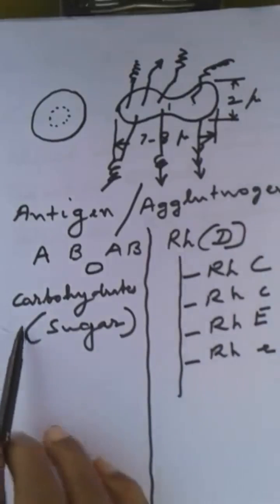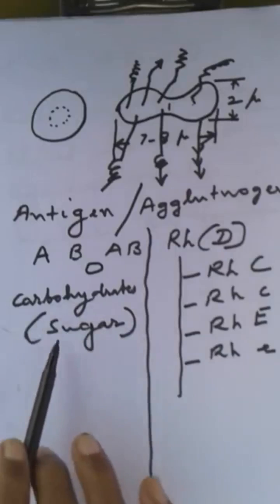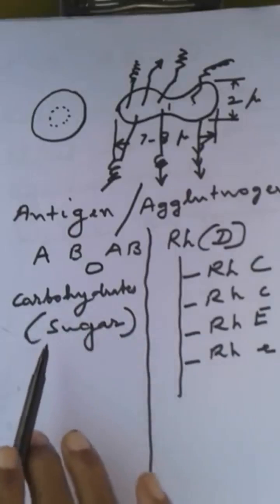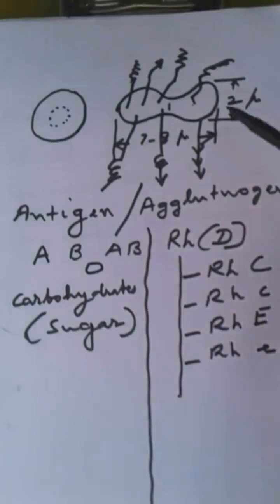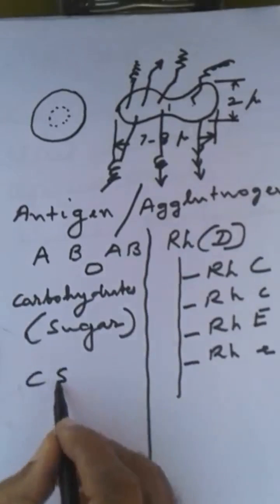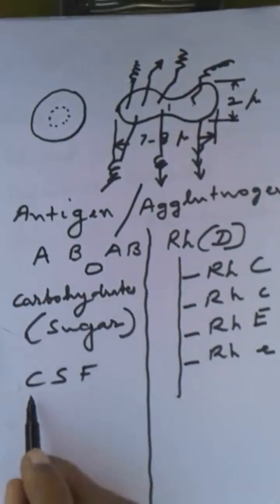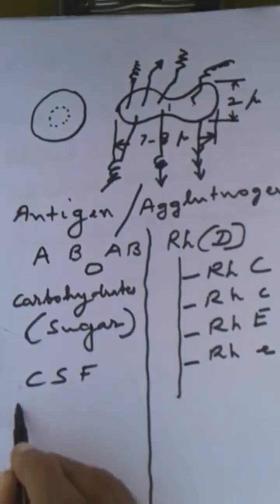Whereas ABO system sugars are seen in many areas of the body, not only in red blood cells, other cells, in GI tract cells also. It is not seen in one area, that is the CSF, cerebrospinal fluid.